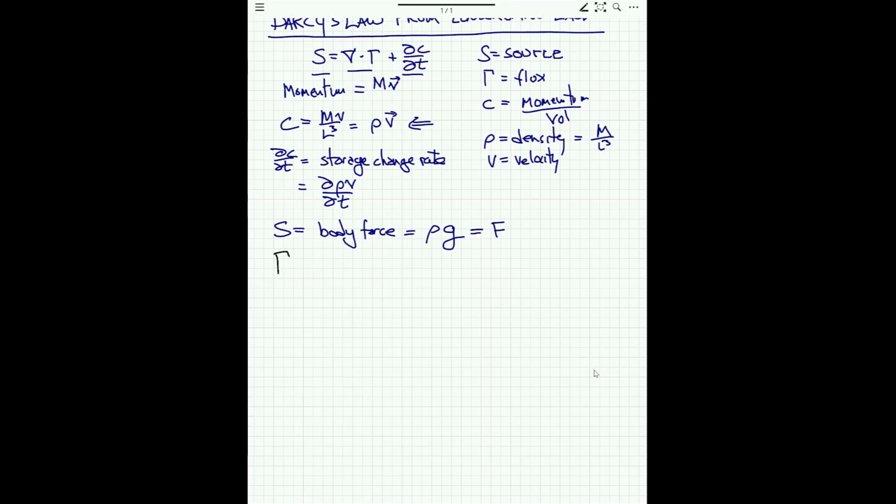The flux of momentum, in general, we have two terms, an advective flux and a diffusive flux. For momentum, the advective flux is going to be equal to C times V, which would be rho times V times V, the velocity. The diffusive flux, let's call this diffusive-like.